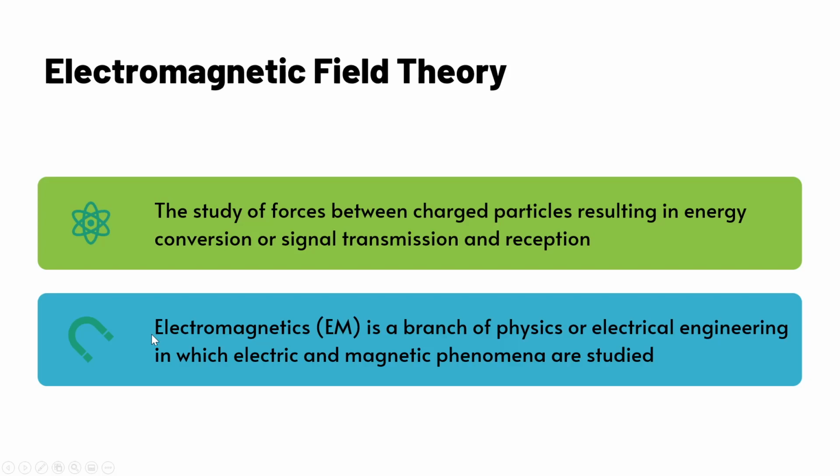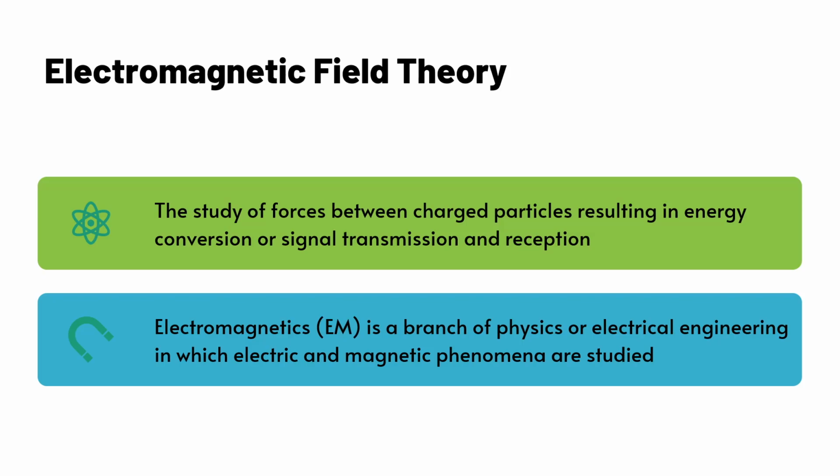Let us first define what is electromagnetic field theory. Electromagnetic field theory is the study of forces between charged particles resulting in energy conversion or signal transmission and reception. We would be talking about how these charged particles allow us to have energy, electrical energy and magnetic energy.